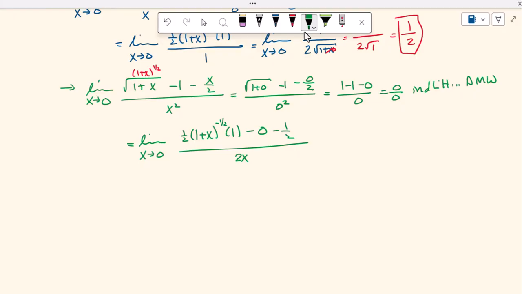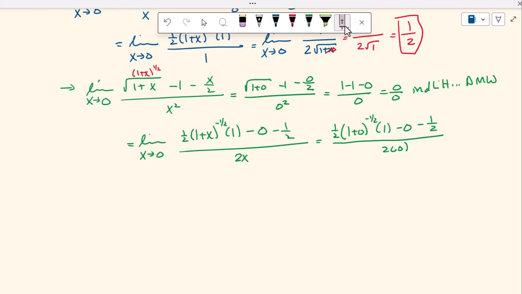Right now I can see that if I took the limit, this would go to 0. I'm not sure right here. I guess we could flip it, or we could go ahead and take the limit. I think we're going to get 0 over 0 again, so let's check that out. I'd have 1/2 times 1 plus 0 to the negative 1/2 times 1, minus 1/2, all over 2 times 0.